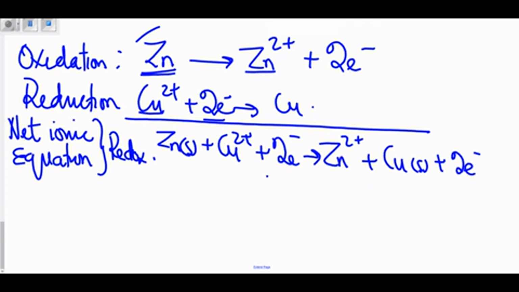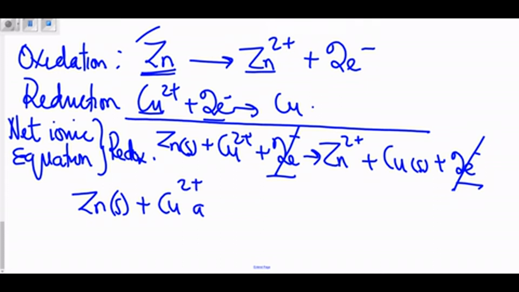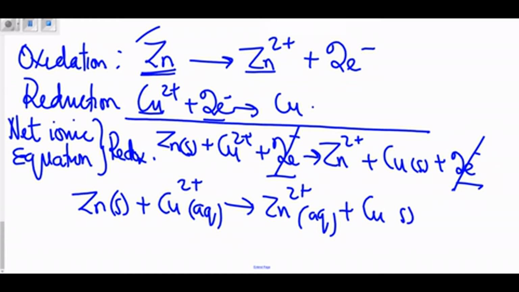Now if you notice, the number of electrons here and here are the same, so they cancel out. That's mathematics now. And then we are left with zinc solid. Do you remember this equation? That was the equation I used in explaining the reducing agent and oxidizing agent a while ago, plus copper solid. This is your net ionic equation.